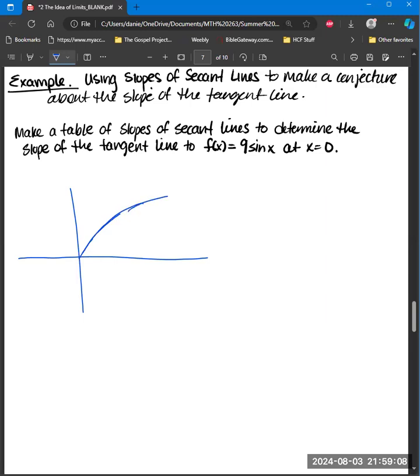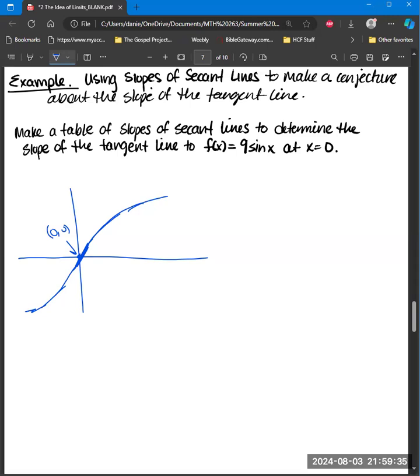It's going to come up here, go down there, but we're interested at 0 right there. This point here is (0, 0). The tangent line is going to be something like that. And we're going to have to figure out what's going on with that slope there.